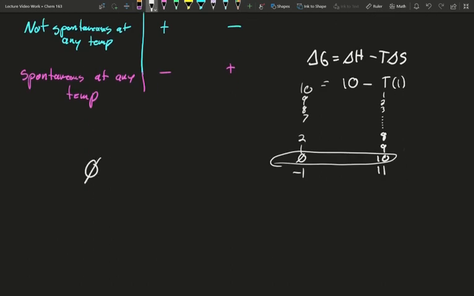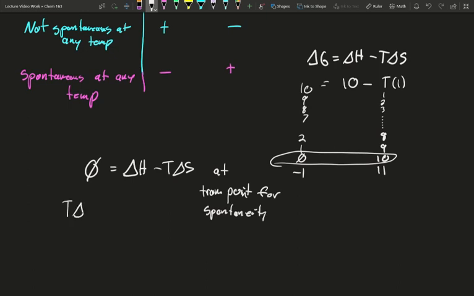So if 0 is equal to our delta H minus T delta S at the transition point for spontaneity, then we can rework this to say that the temperature times the change in entropy is going to be equal to the change in enthalpy. We'll add T delta S to both sides.